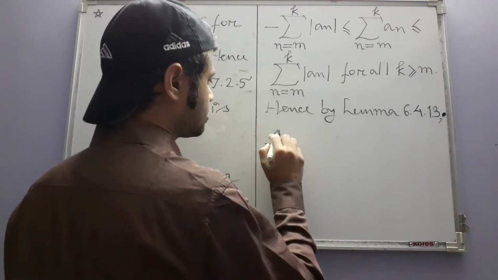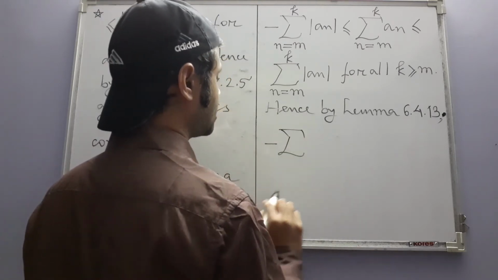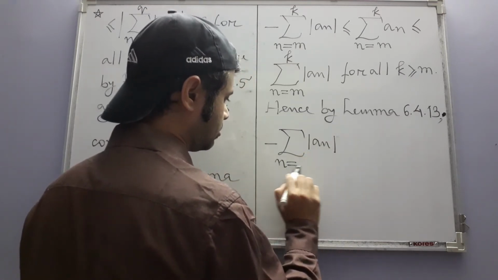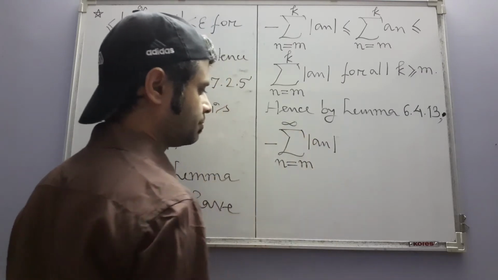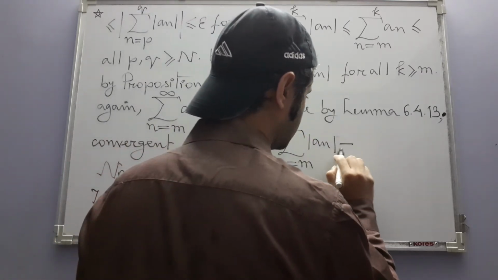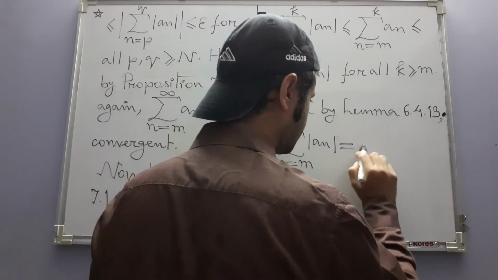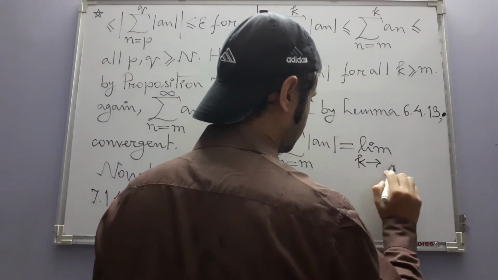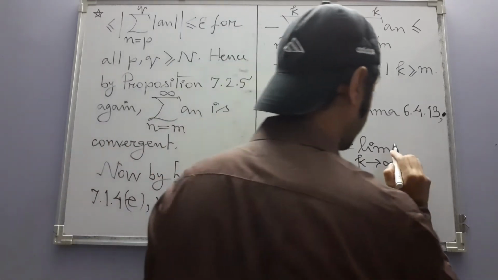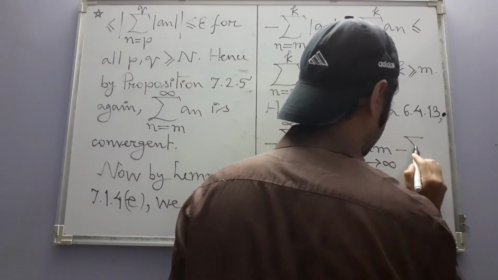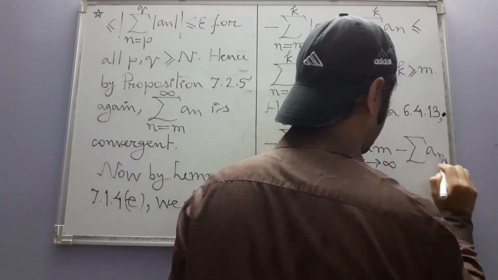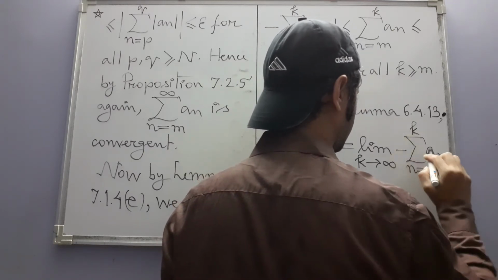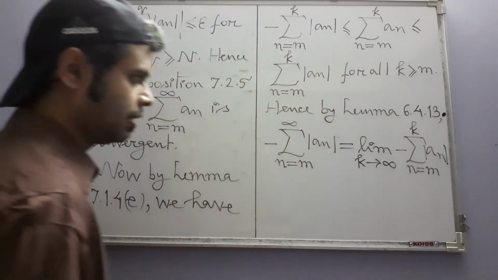Minus summation absolute value of an, where n varies from m to infinity, is by definition limit k tends to infinity. Don't have much space here, but anyway I will manage. n varies from m to k, but I should not forget that absolute value.